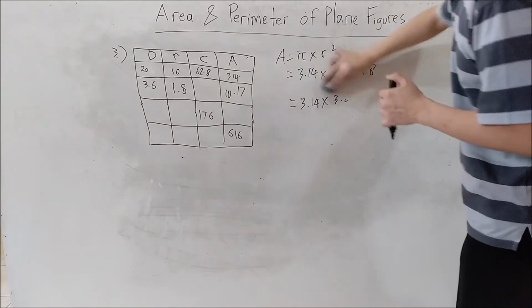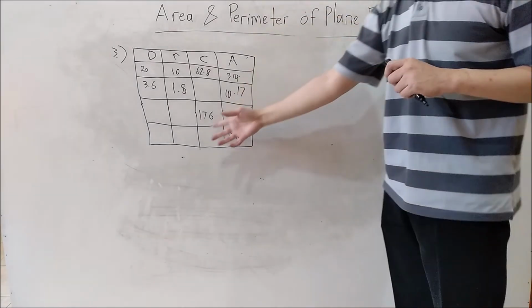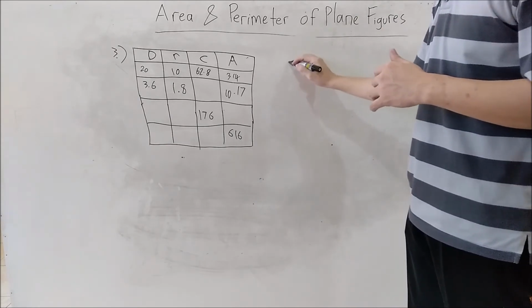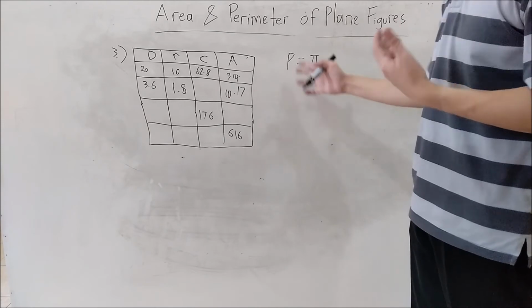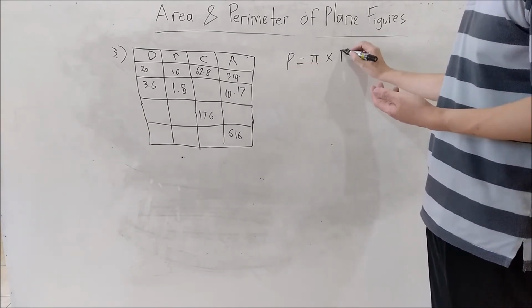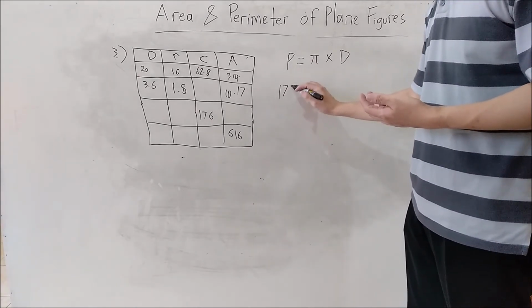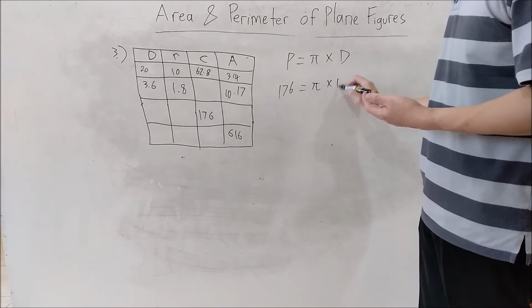To make it short, what if we know the perimeter or the circumference instead of the radius or the diameter? The same thing. So what you will do is write perimeter or circumference is equal to pi times d, or diameter. In this case, we know that 176 equals pi times d.